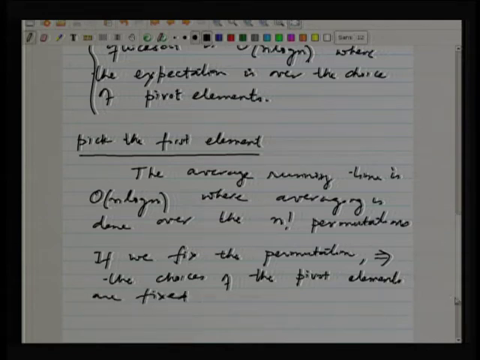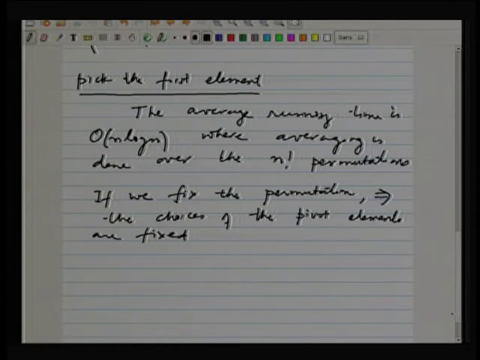And if we fix the choice of the pivot elements, then there is no variation in running time, because I know that the first element is the pivot. When I get the input, I know exactly how it is going to split. Next time I know the second element will be the pivot. So, it behaves in a completely deterministic, predictable manner. Once you fix the permutation, there is no variation in the running time.